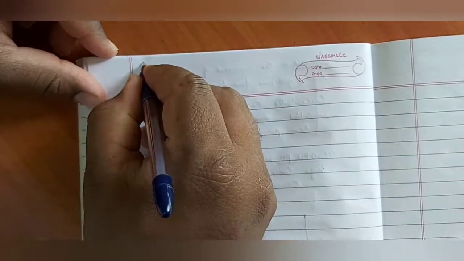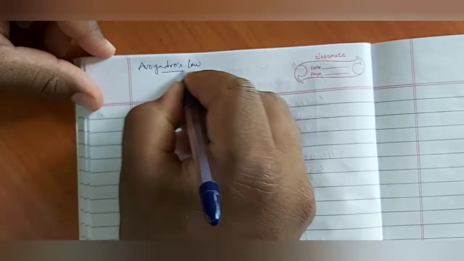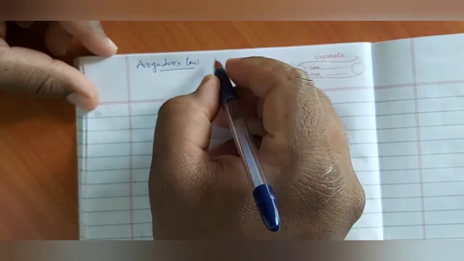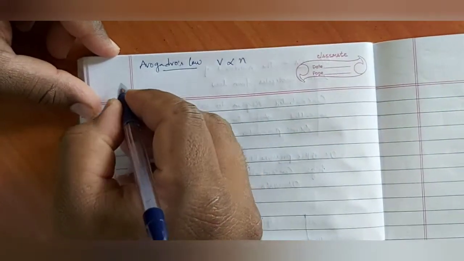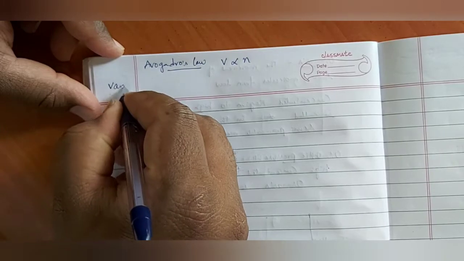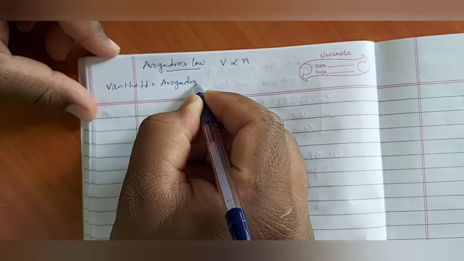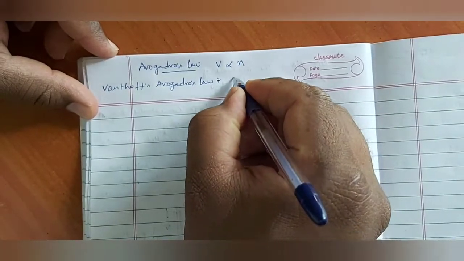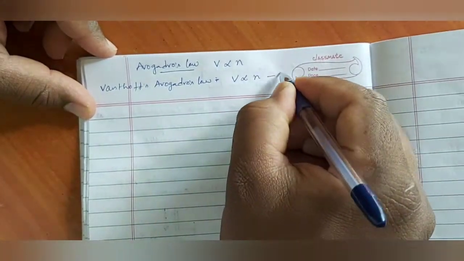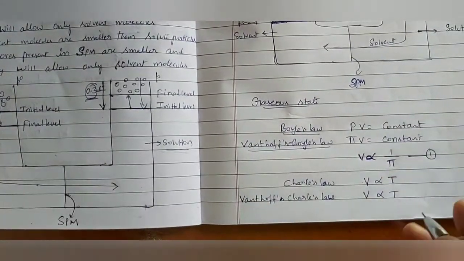In the gas state, according to Avogadro's law, V is directly proportional to n. Here it is Van't Hoff's Avogadro's law: V is directly proportional to n. This is equation 3.